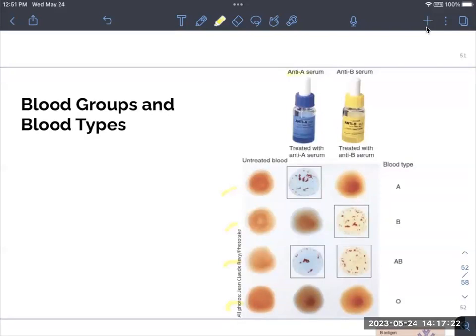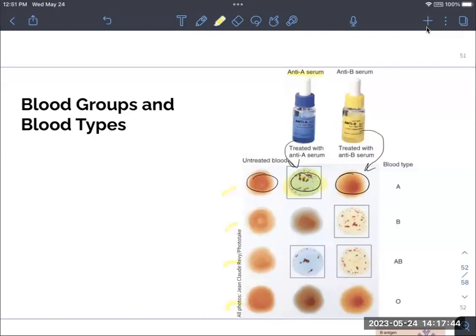We'd put type A blood here, here, and here. We would put anti-A serum in one, anti-B serum in the other, and we'd look for which one would clot.